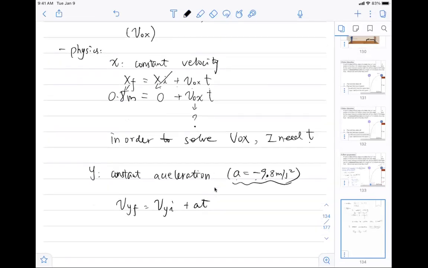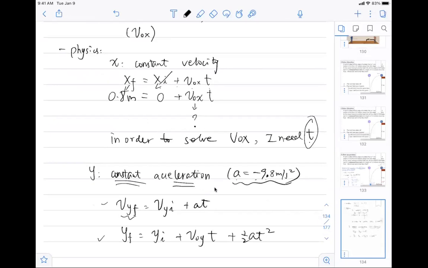That's one of the equations. The other equation is y final is y initial plus v naught y t plus 1/2 a t squared. These are generic equations for constant acceleration. So which one do I want that can solve for t?